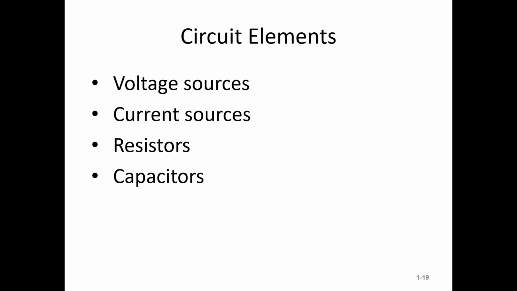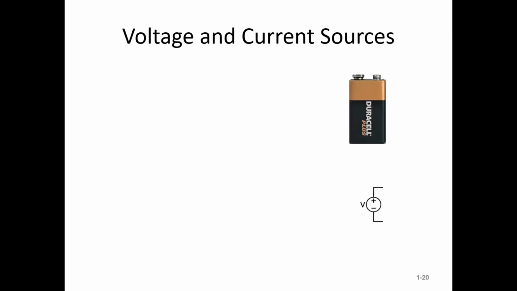Then we've got capacitors, which just store up energy in the system and then re-release it at a later time, and inductors do the same thing. Okay, so we've got energy coming into the system with these sources, leaving the system with these resistors, and bouncing around inside the system with these capacitors and inductors, storage devices.